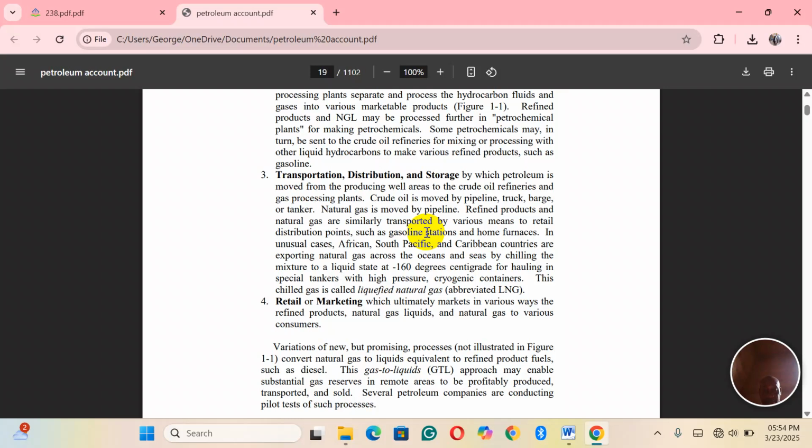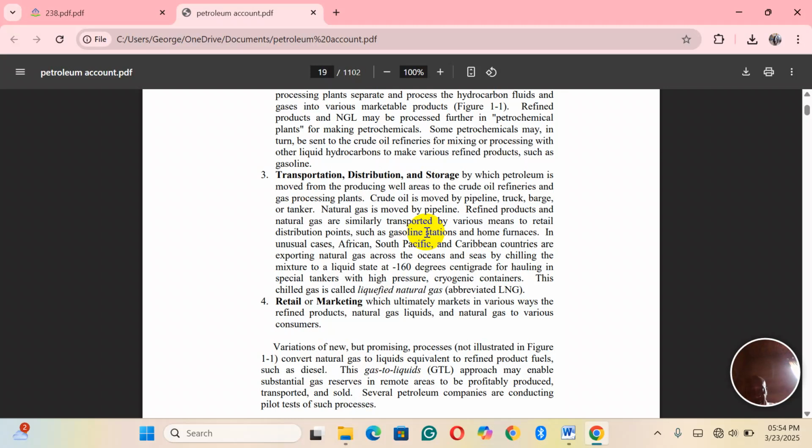gas across the ocean and sea by chilling the gas to a liquid state at minus 160 degrees centigrade for hauling in special high-pressure cryogenic containers and tanks.